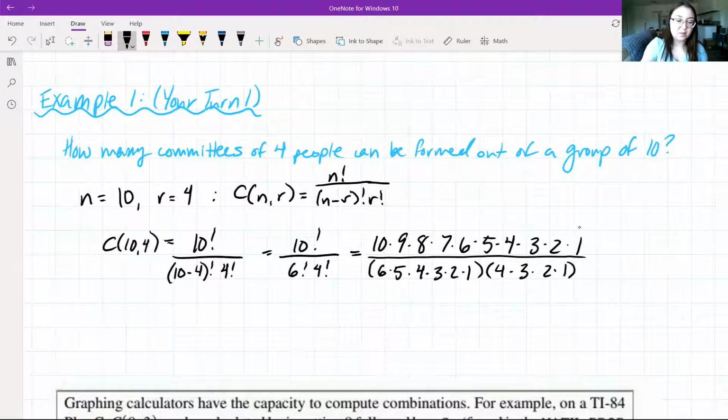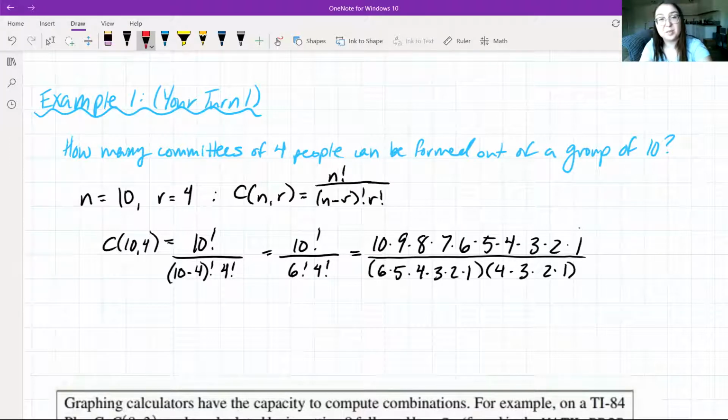And once again, we can cancel out some of our values. So we can definitely cancel out our 4 factorial, which is 4 times 3 times 2 times 1. But what we realize is that we can also cancel out our entire 6 factorial because every value in a 6 factorial is found in 10 factorial.